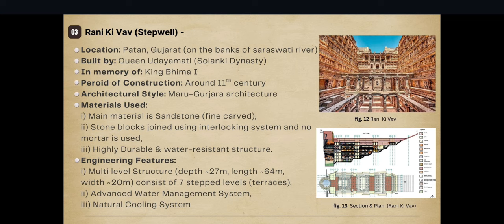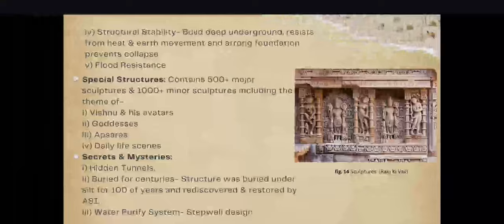Architecture style is Maru-Gurjara architecture. Material used is mainly sandstone, stone blocks joined using interlocking technique, a highly durable and water resistant structure. Engineering feature is a multi-level structure, depth 27 meters, length 64 meters, and width 20 meters. Consists of 7 stepped levels. Advanced water management system, natural cooling system, structure stability, and flood resistance technique.